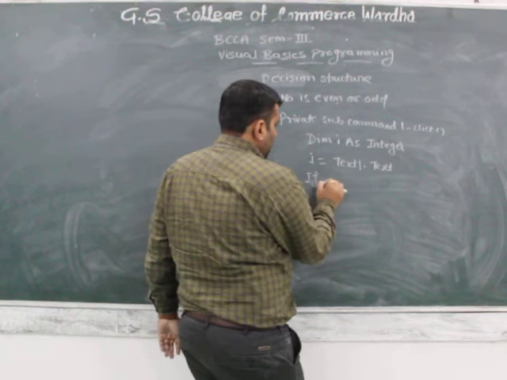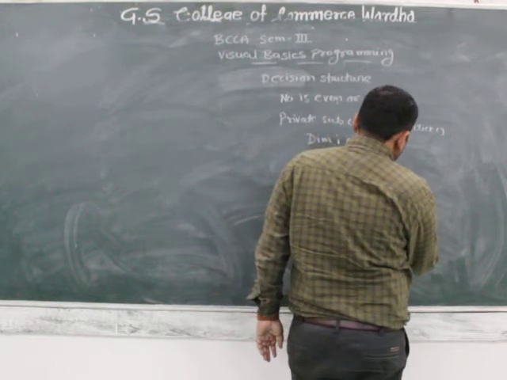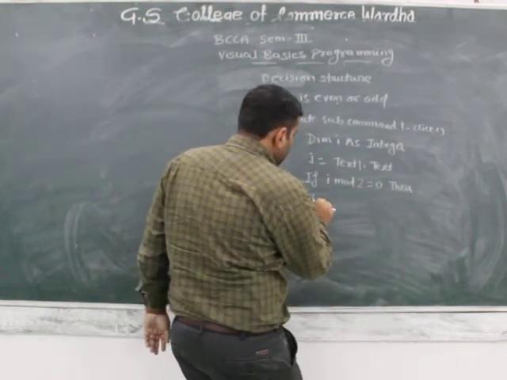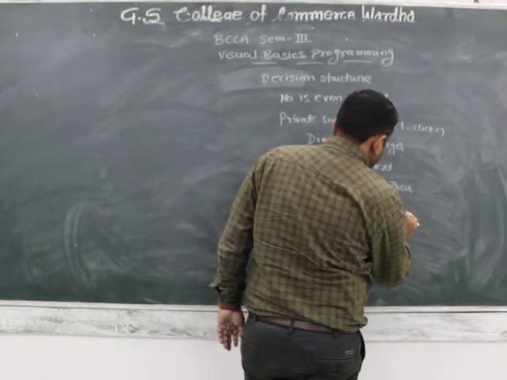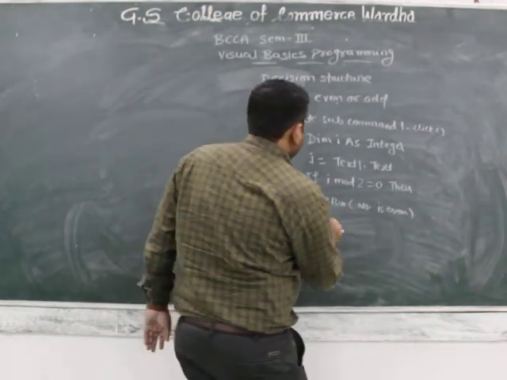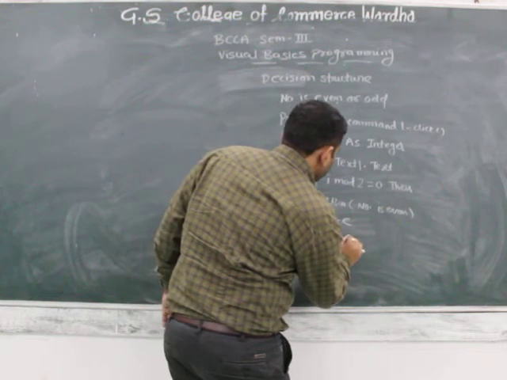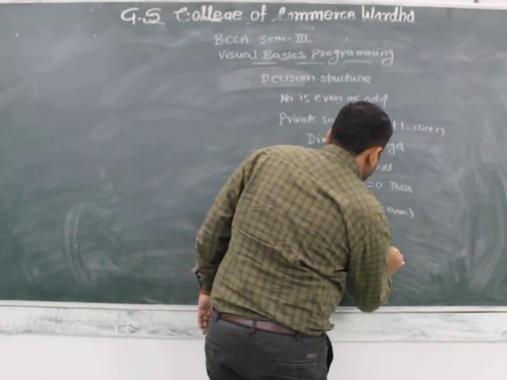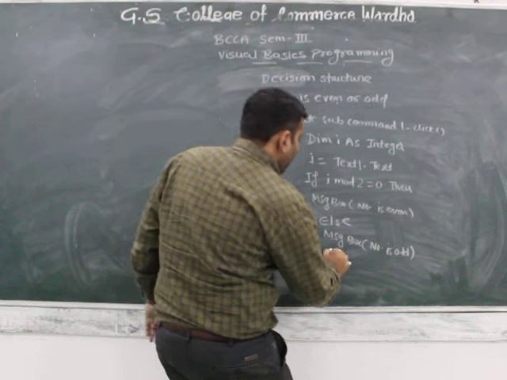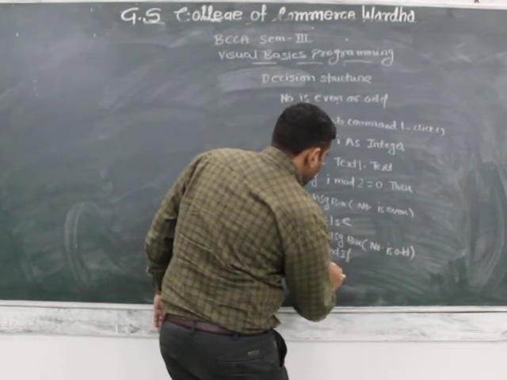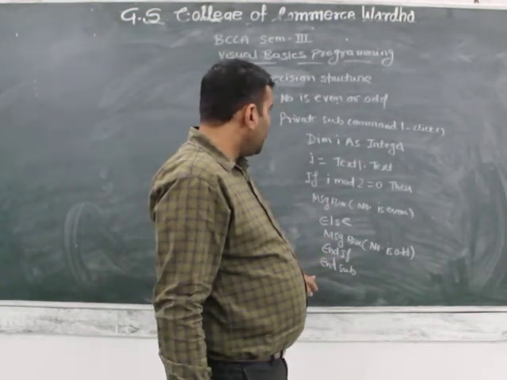If i mod 2 equal to 0, then message box displays "number is even", else, otherwise the else part, message box "number is odd", end if and end sub.